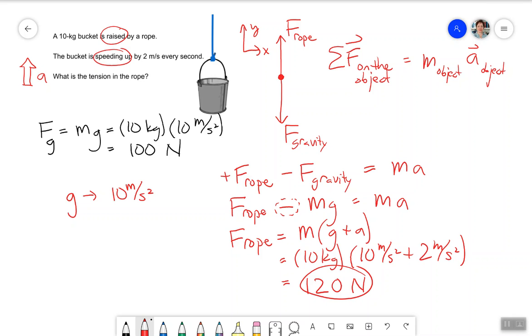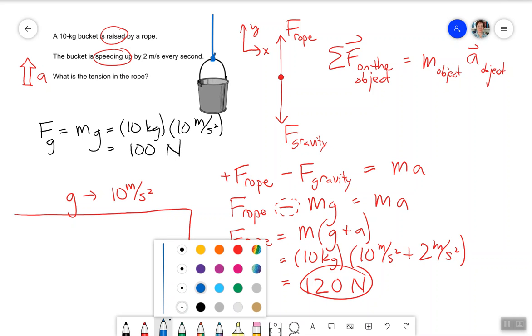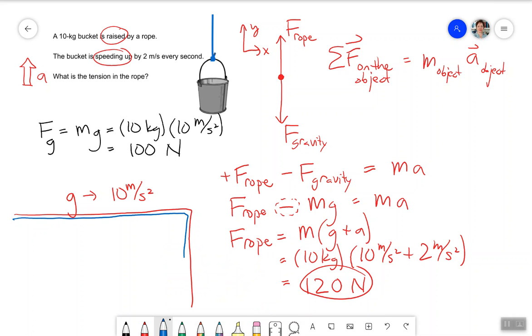So I mentioned that I could have done this problem with the axes pointing in the other direction, and I want to actually show you that right now, just so that you believe me. If I had chosen axes that go with the positive direction downward, this free body diagram is still the same, only now the tension in the rope is upward, gravity is downward, and now the acceleration is negative 2 meters per second squared.